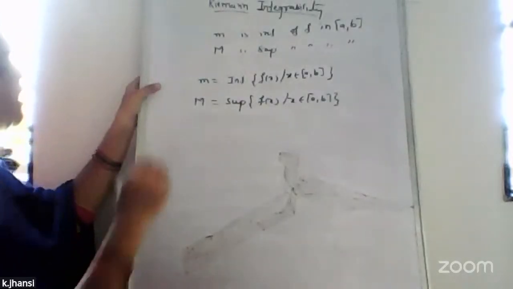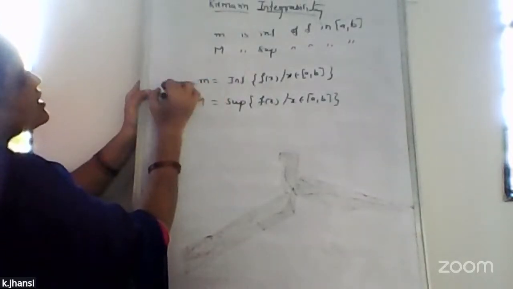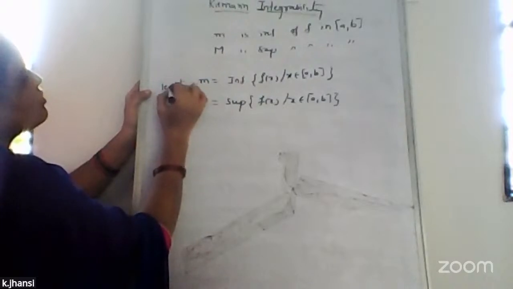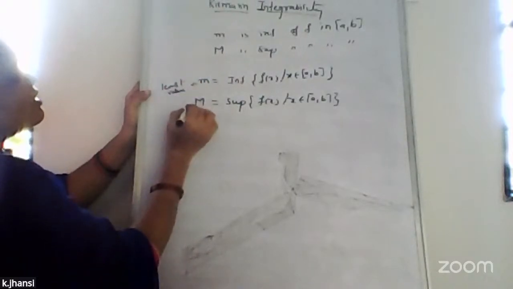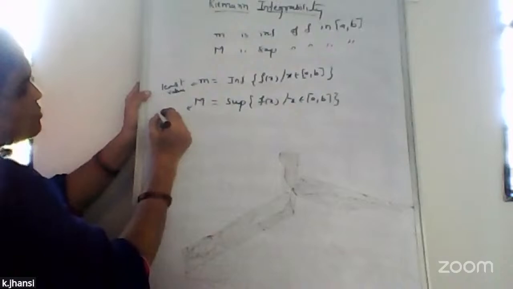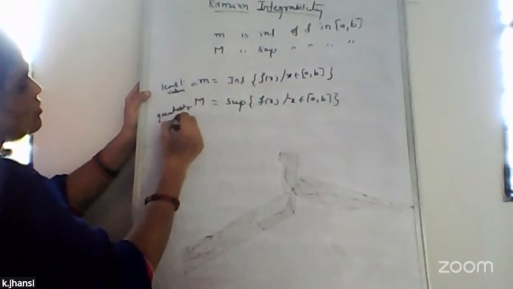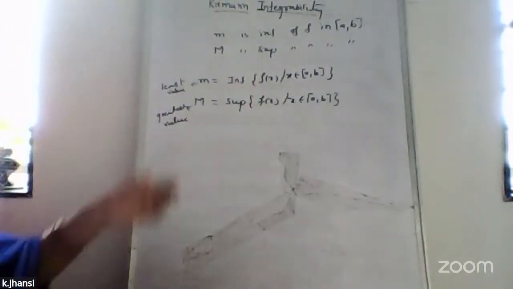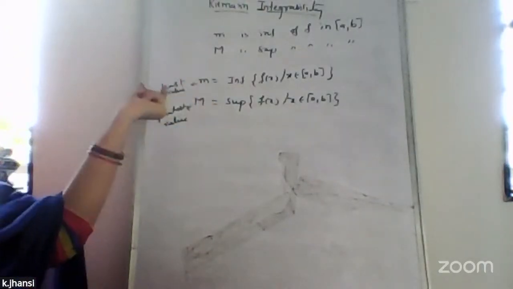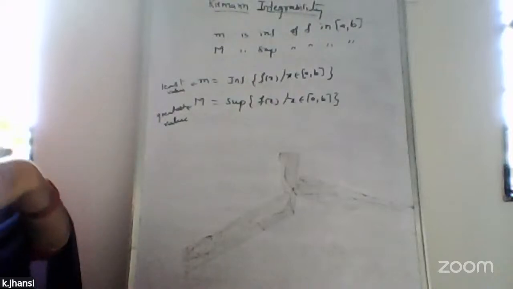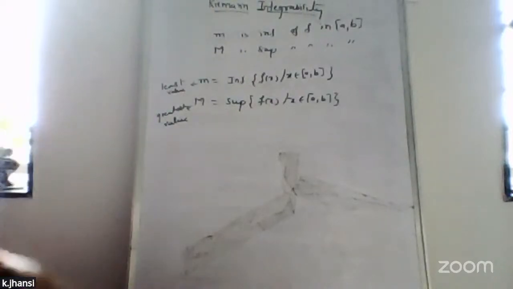So small m is the least value, and capital M is the maximum value, or we can write the greatest value, of the given function here.